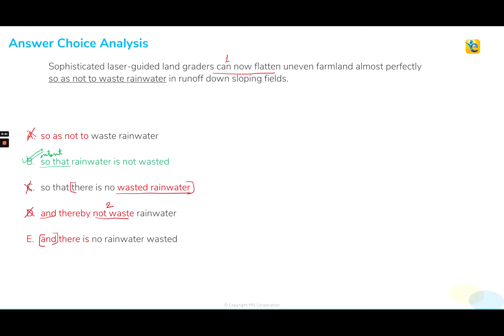So the first entity is the land graders that can flatten uneven farmland almost perfectly, and then we have there is no rainwater wasted in runoff. This part of the sentence, or choice E, has no connection whatsoever with the preceding part of the sentence that appears before and. So the meaning is absolutely messed up in this choice because the intent or the purpose is completely lost.